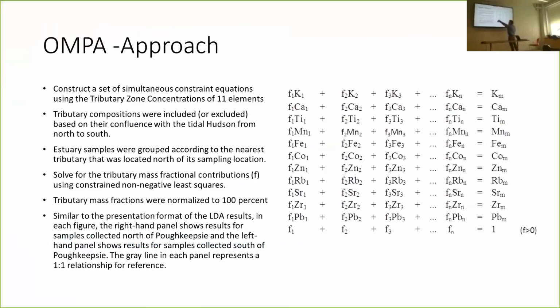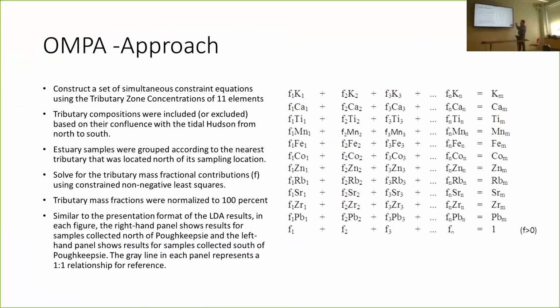Now the fractions have to be the same for each source. So fraction 1 and the concentration from this number 1, plus second fraction and the concentration there, and so on all the way through, so that all these fractions would have to sum to 1, and then the resulting concentration should be similar or not to your measured concentration.